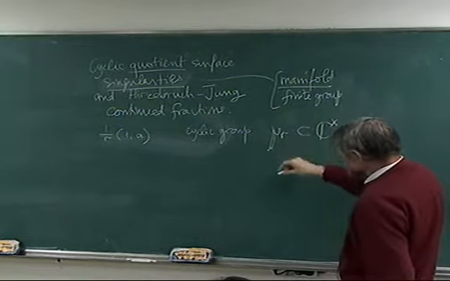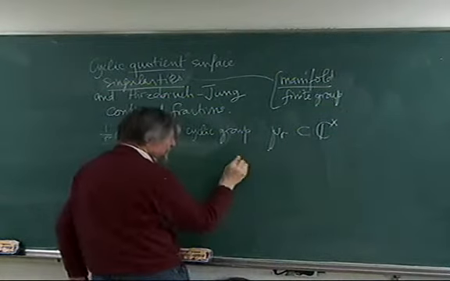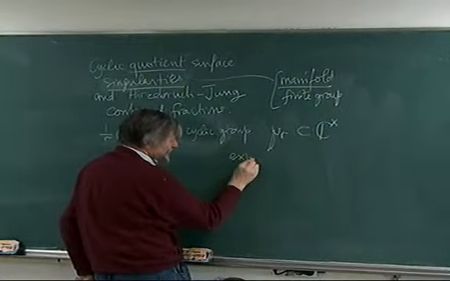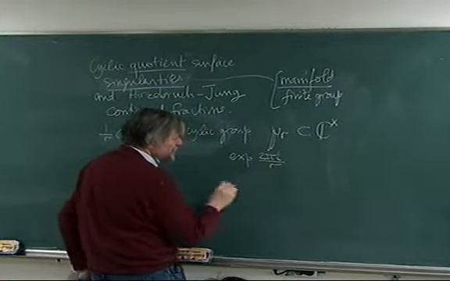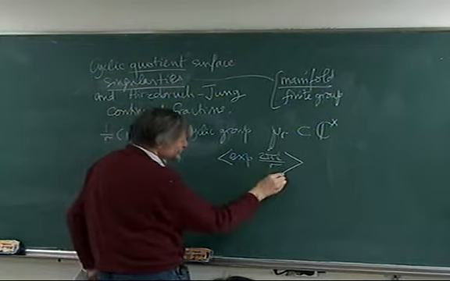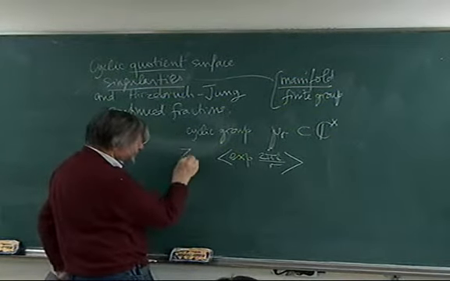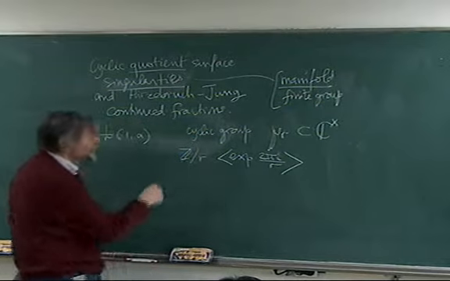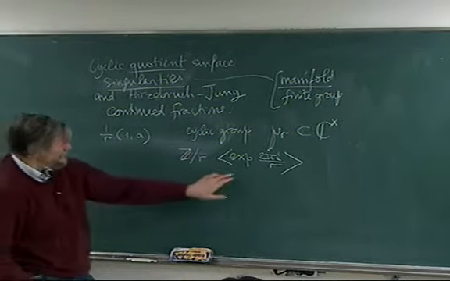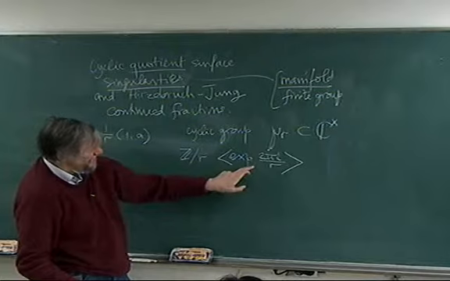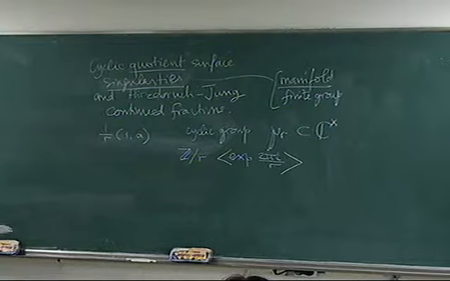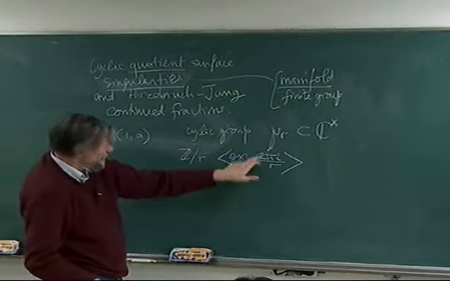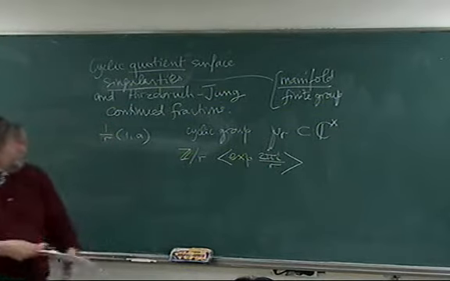So this is the group of order R. You can think of this as being the group generated by exp of 2 pi i over R, if you want. And then the group is isomorphic to Z mod R. Making an isomorphism involves choosing a particular generator. So if you're a topologist, you don't have any doubt that this is the best generator. Any primitive root of unity makes this group into Z mod R.